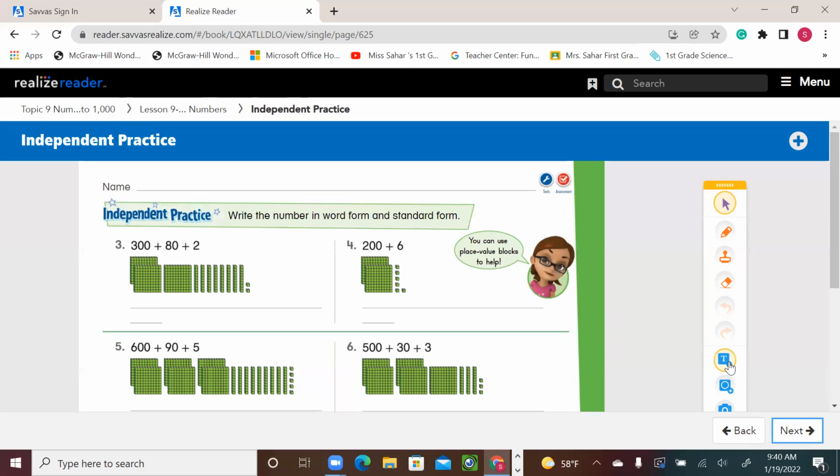So let's write it in word form. So that will be 300, 82, because 80, 8 tens, and 2. So 382, and I put it here.